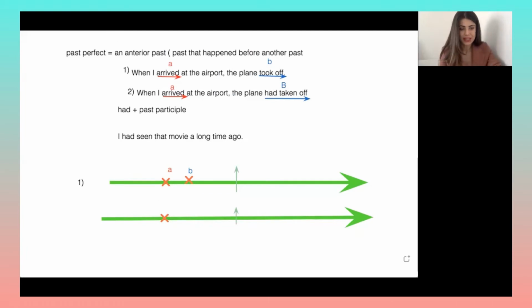Yeah, did you guess it? So unfortunately, action B happened before action A. So here is going to be action B. So in this situation, if I use the past perfect, unfortunately, it means that, exactly, I missed my plane.